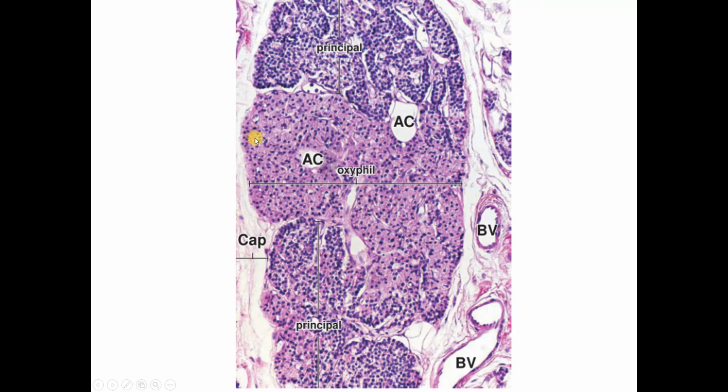But here we have a large accumulation of oxyphils. Oxyphil cells are eosinophilic stained cells. And this is one more example when we don't understand what the role of the cells is. We don't exactly know. We have a large portion of the cells. Might be some requirements are there, but we don't understand the function yet.